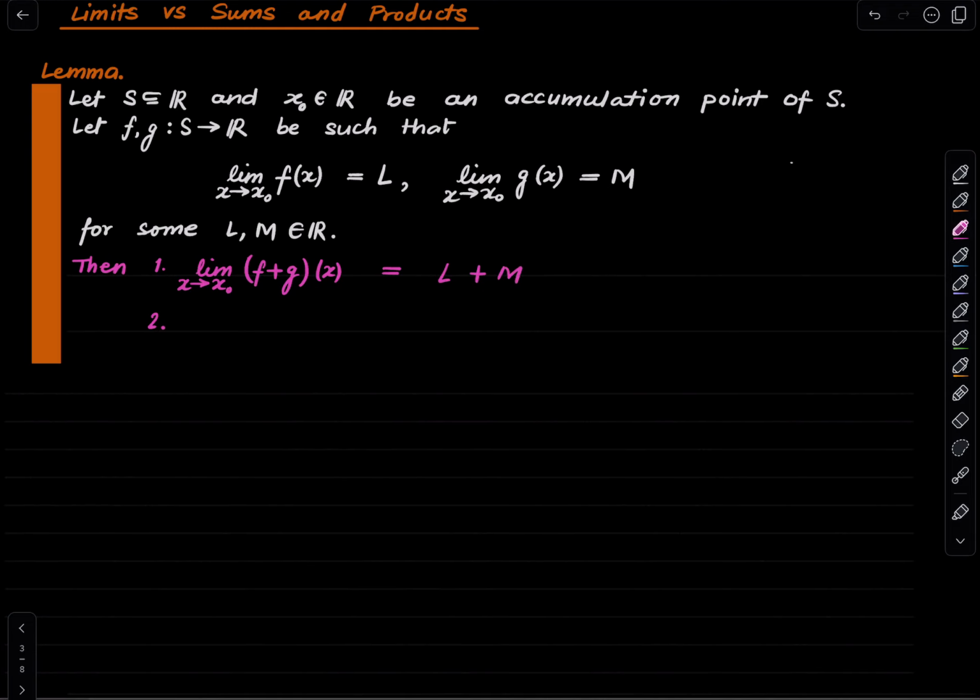Somewhat differently written, we could write this as the sum of the limits. So the limit, so to say, distributes over the sum, right? So if the limit of f as x approaches x0 exists, and same for g, then the limit distributes over the summands.